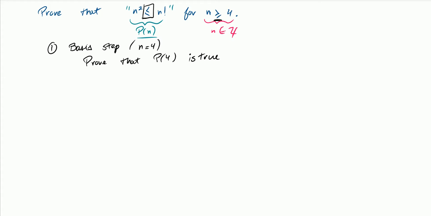Okay. So I'll just take my two sides. So 4 squared is 16, and 4 factorial is, if you don't remember what the factorial is, 1 times 2 times 3 times 4, and that's 24. And so clearly 24 is greater than 16, so 4 factorial is greater than or equal to 4 squared.